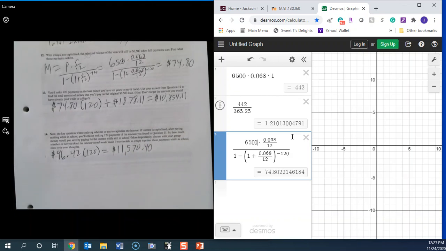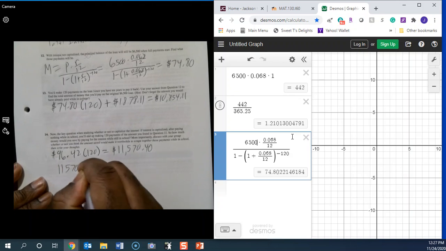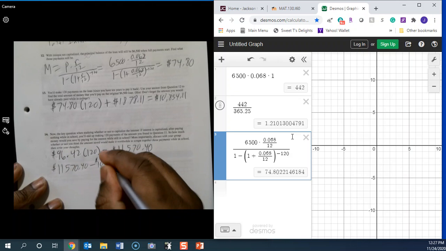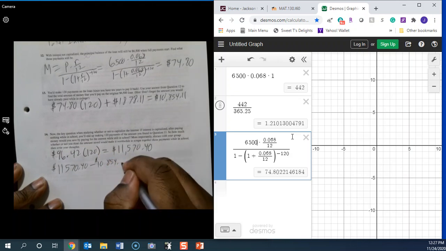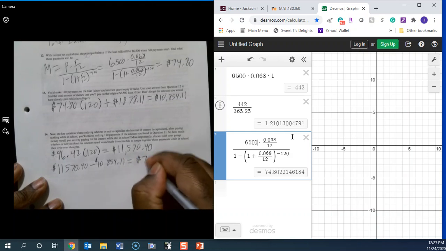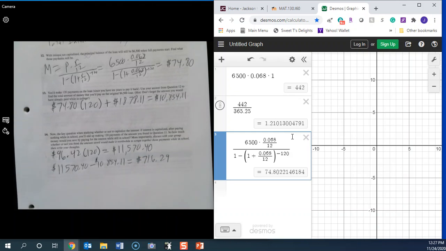So now to find out how much you would save by making the payments as you go along, you would take this $11,570.40 minus the $10,854.11. And when you subtract this out, you will save $716.29 over the course of 10 years.